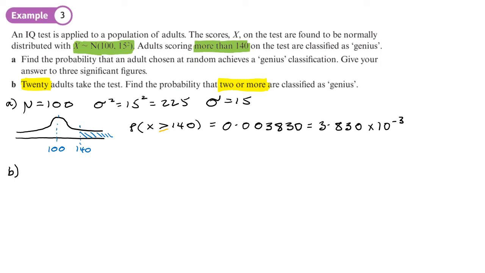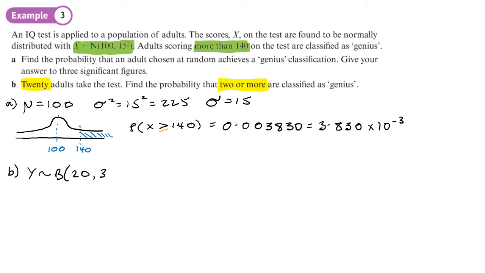So because this is a binomial question, we shouldn't really put X is a binomial distribution, because we've used X for the normal distribution. So we're going to use a different letter. Let's use Y. So Y is binomial distributed. N is 20, that's my sample size. And the probability of success is what I've just worked out in the last bit of the question.